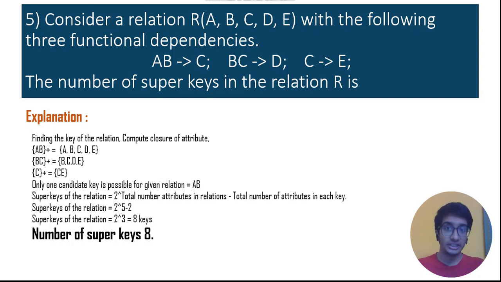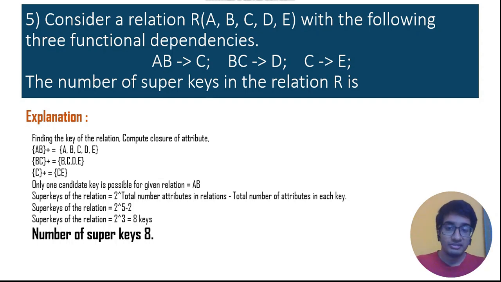So AB is a candidate key. The closure of BC only determines B, C, D, and E. As it does not include A, we cannot call it a candidate key.